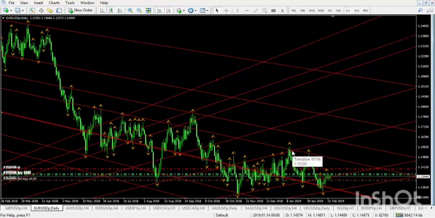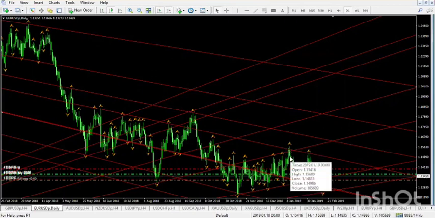For example, in here, when I have a kind of a crossover here like this, can you see it? In those points, we have the most powerful resistances. So when the price hits this crossover here, it means that we have a very powerful resistance there and we're going to have a lot of decline there.